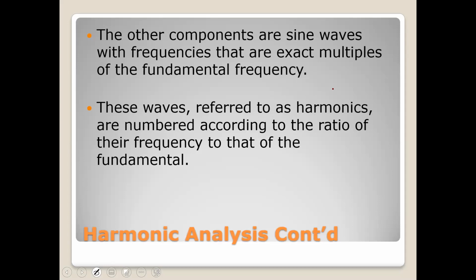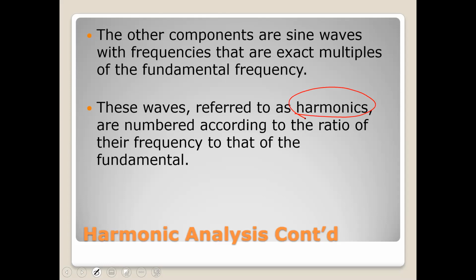Now, the other components, these are also sine waves, but these sine waves have frequencies that are exact multiples of the fundamental frequency. So the 3 omega t would have a frequency which is 3 times that of the omega t. The 5 omega t would have a frequency which is 5 times that of the omega t, etc. And these waves, we refer to them as harmonics.